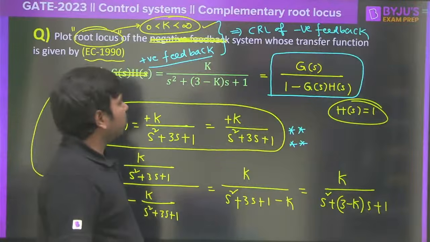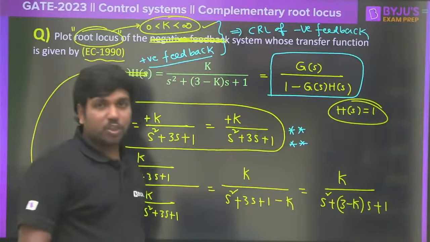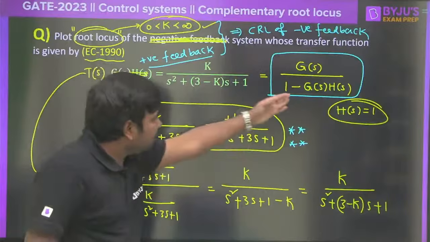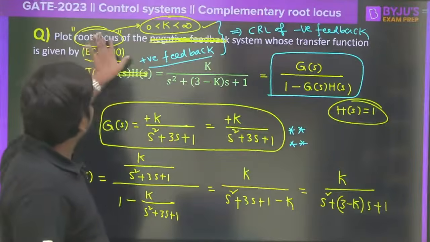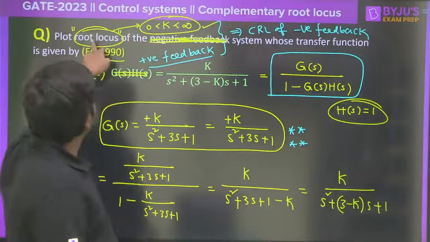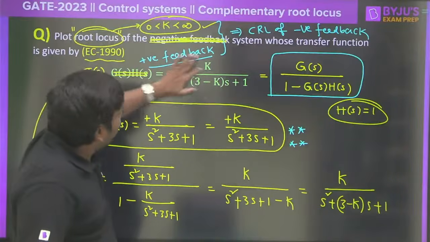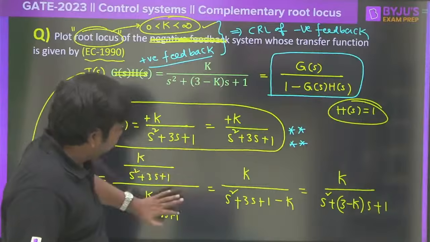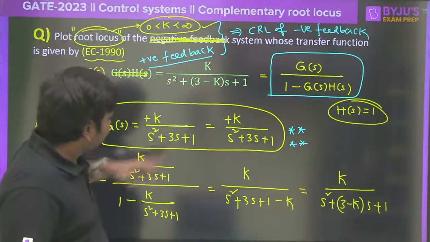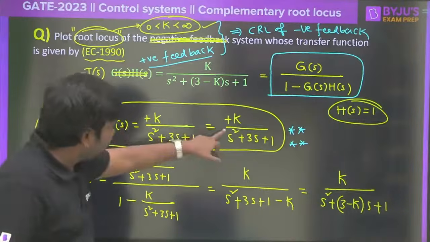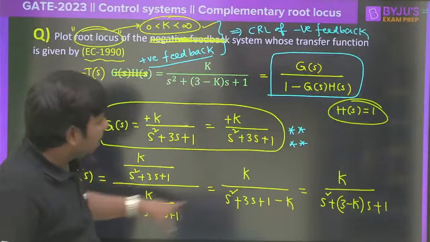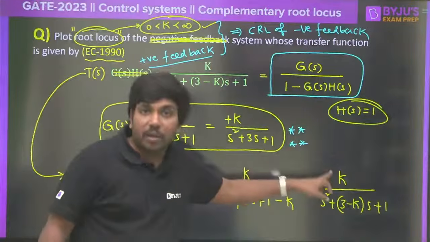Then you may ask a question, sir, how do you know that this is a positive feedback? I have just tried with the g of s. I changed this because k should vary from 0 to infinity as it was mentioned like root locus. Clear? So keeping this in mind, I have changed the transfer function into positive feedback, and then I realized that yes, when I am using this g of s, especially in the positive feedback, I am getting the transfer function what it needs to be.